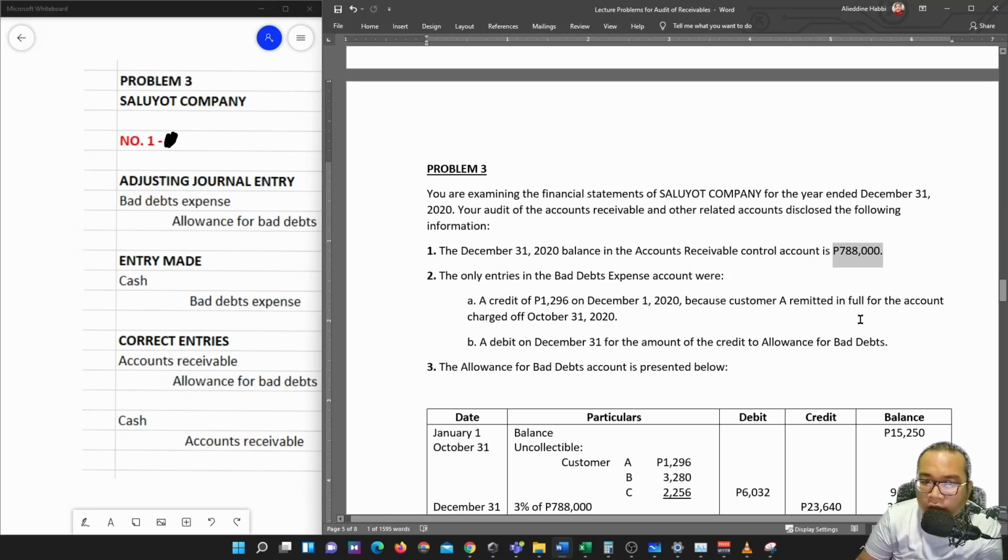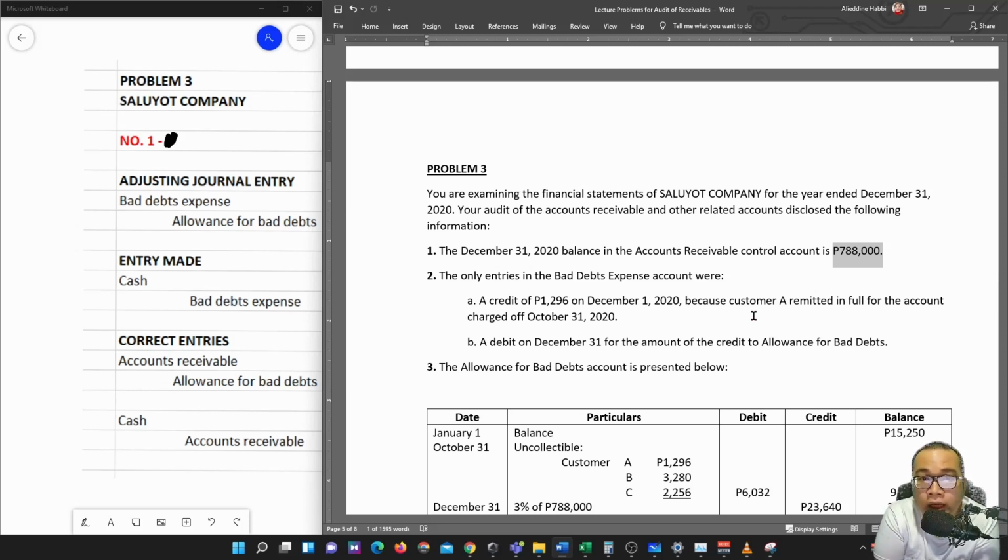788. Ngayon, the only entries in the bad debt expense account were the following. Nag-credit ka daw ng 1,296 on December 1, 2020. Tandaan yung credit nyo, yung bad debt expense, because customer A remitted in full for the account that was charged off noong October 31, 2020. So basically, nag-write off ka na ng account.